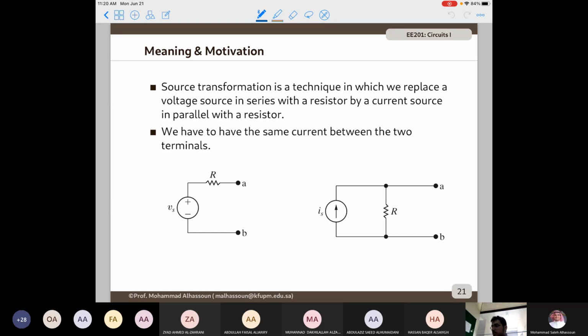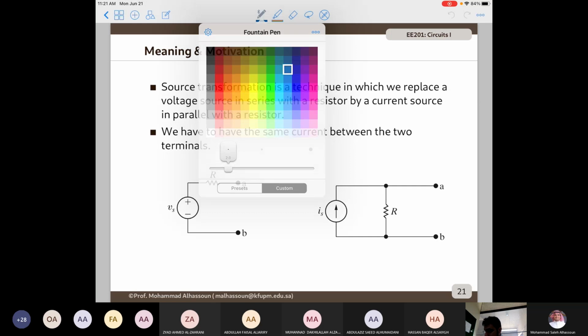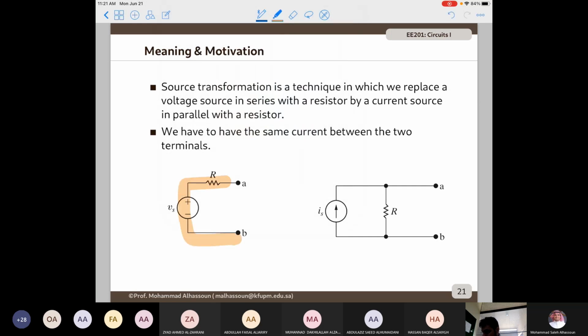A source transformation: oftentimes we have a voltage source and a current source, right? And we want to find a way to move between these sources. Say you have a voltage source in series with a resistor.